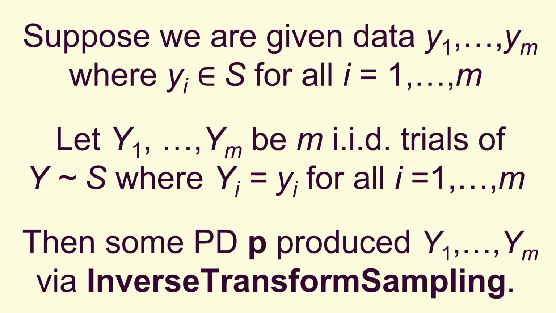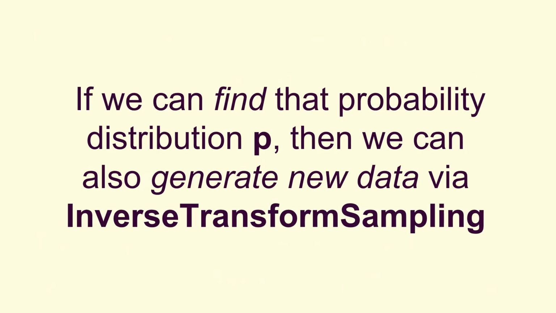Then that means some probability distribution P produced y1 to ym via inverse transform sampling. If we can find that probability distribution, not only will we have what generated the old data, but we can also sample it to produce new data.